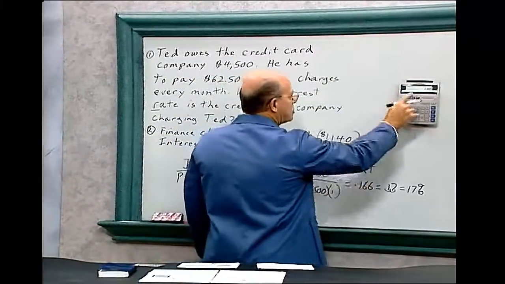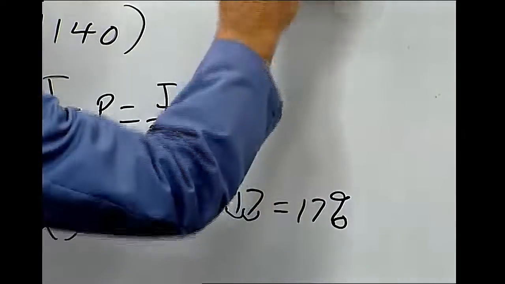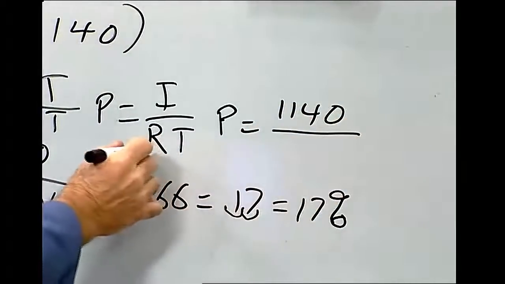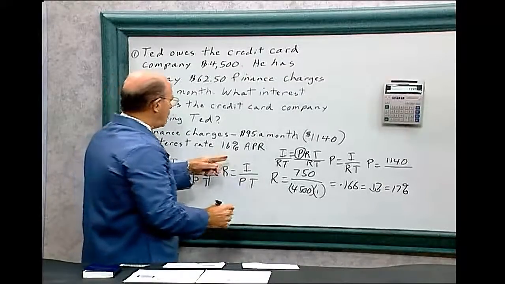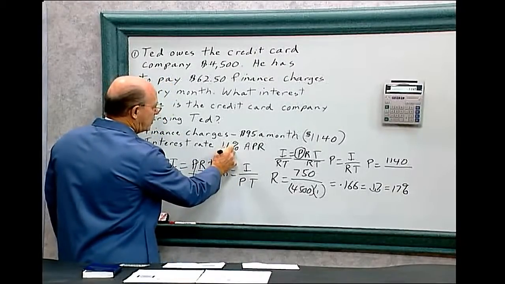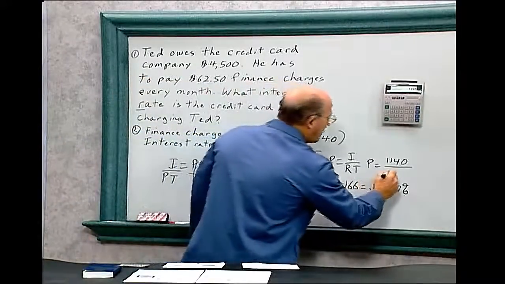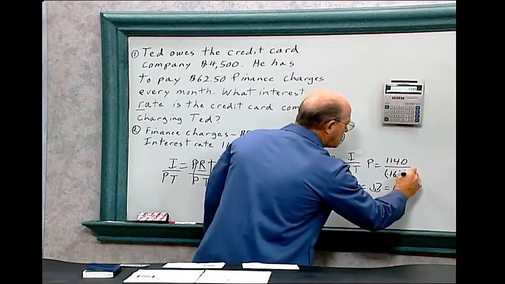We know the interest charge, so P equals 1140 divided by the rate, which is 16%. To convert that, all we have to do is move the decimal point over 2 places. So it's 0.16, and it's for 1 year, so that stays the same.